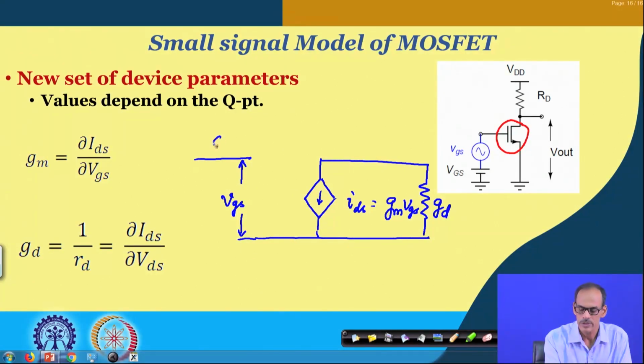This is the gate terminal, this is the drain terminal, and this is the source terminal.